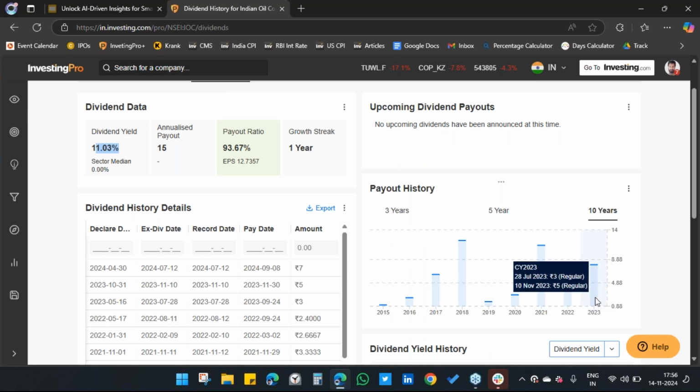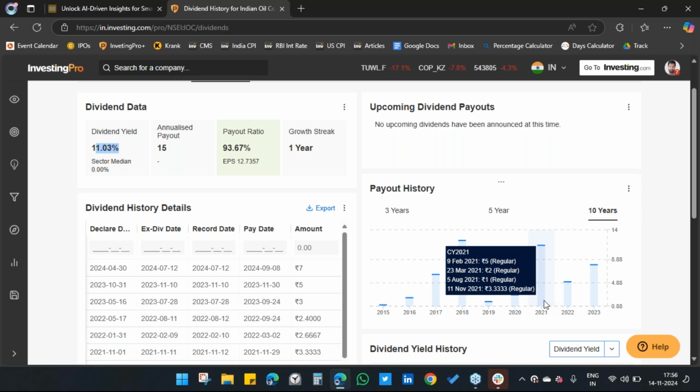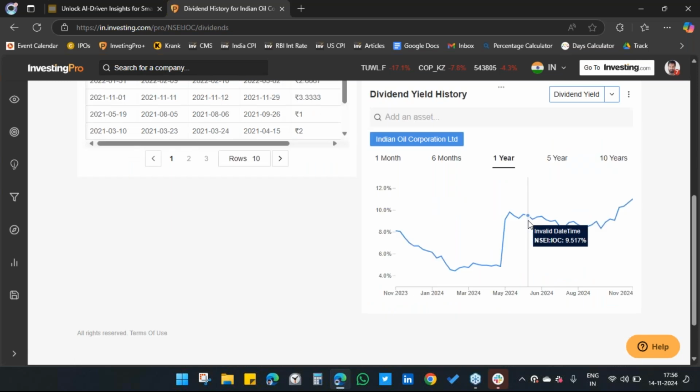In 23, the total was 8 rupees. In 22, the total was a little bit over 5. In 21, it was 5 to 7 plus 1, 8 plus 3, 11, more than that. So again, you can see the dividend payout. You can see dividend yield chart over here. And you can also time the entry of the stock based on dividend yield chart.